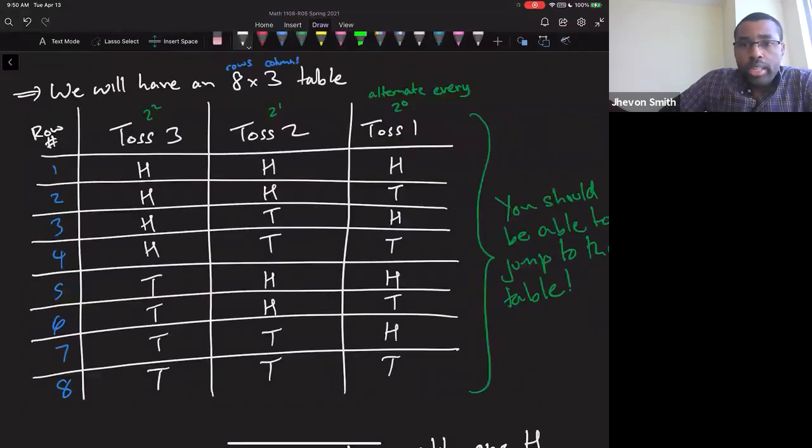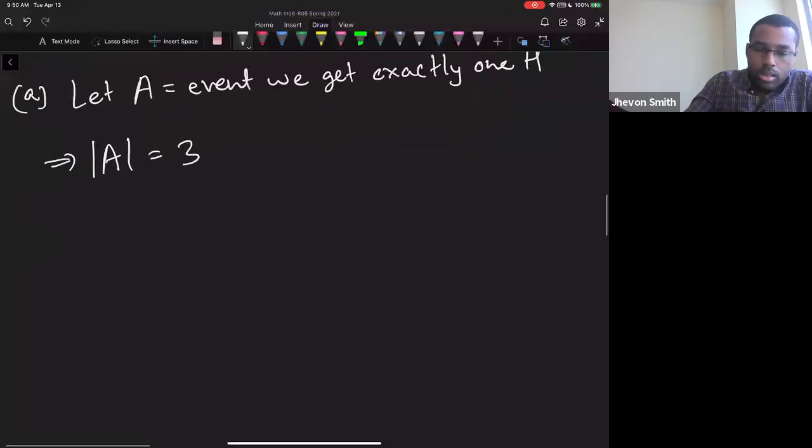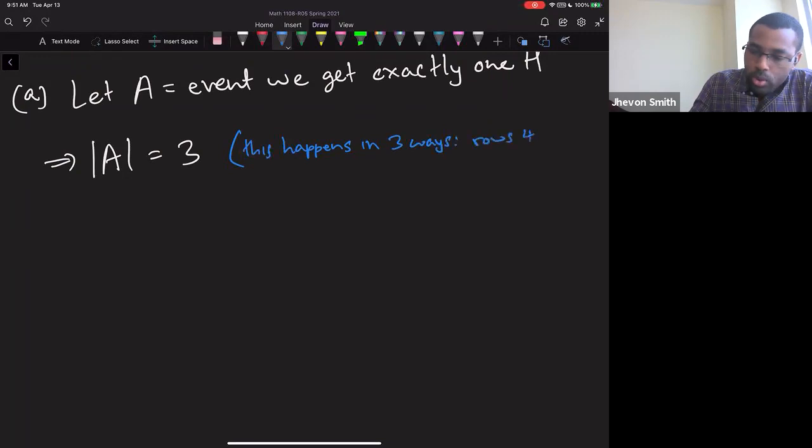You look at which rows have exactly one head. You will see that rows 4, 6, and 7 have that. So this happens in 3 ways. Rows 4, 6, 7, right?